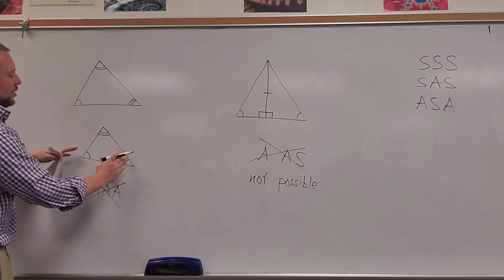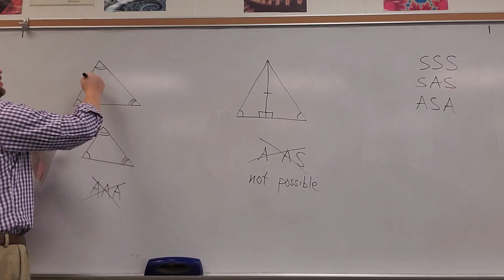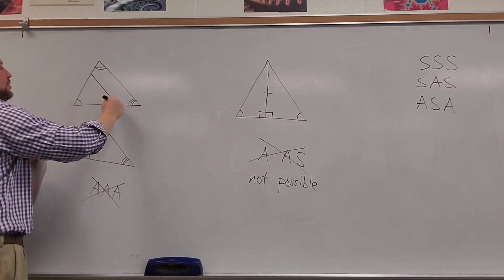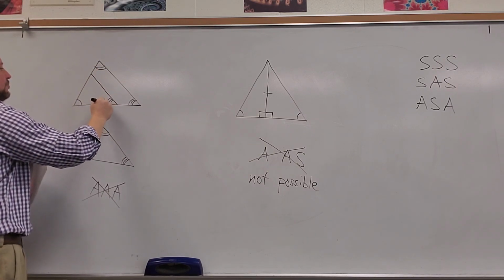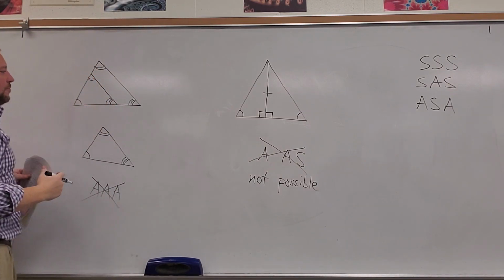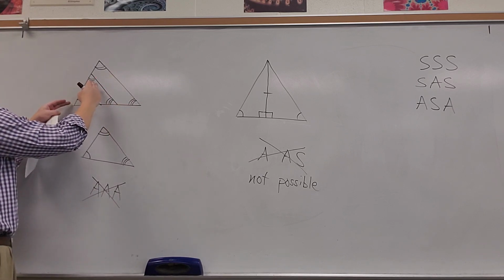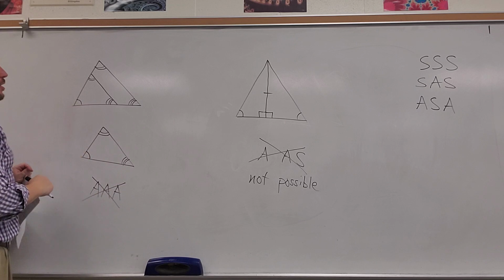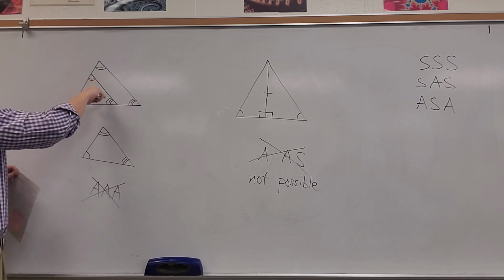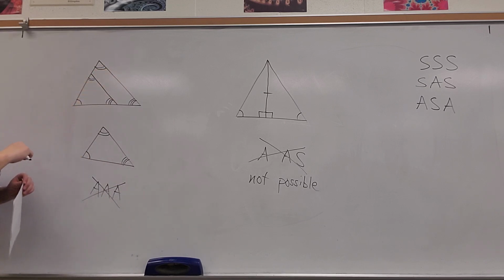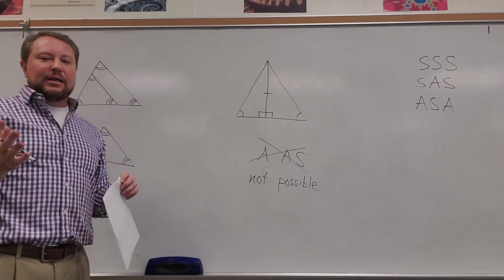If I was to superimpose this on top of this one, it might look something like this, where the bigger triangle shrunk down to this smaller one. Even though they have matching angles, they do not necessarily have matching sides.